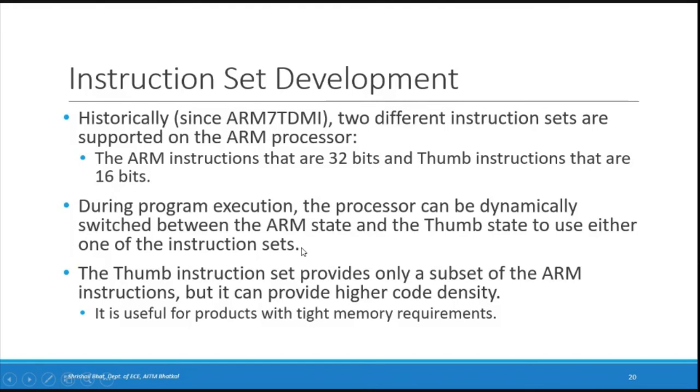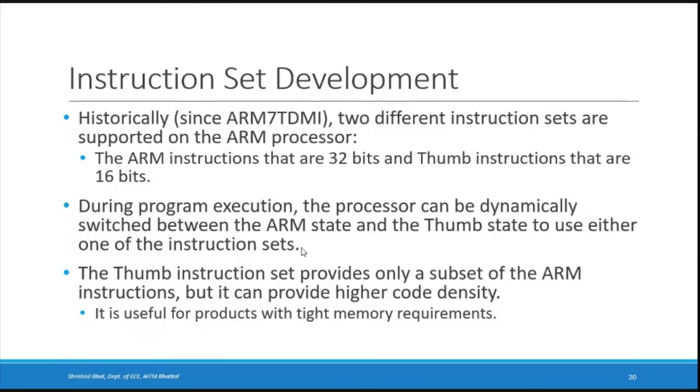In the classic processors, the Thumb instructions would not be mixed with ARM instructions. The ARM instructions had to be written separately, and Thumb instructions had to be written separately, and built separately.